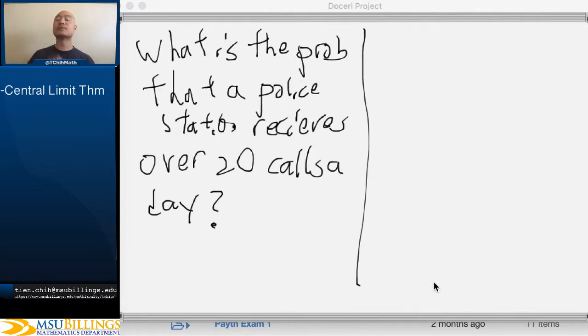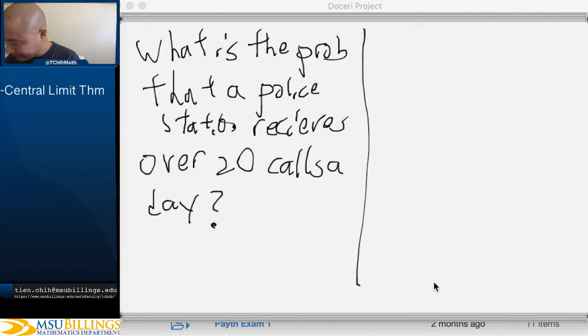If we knew it was some sort of binomial distribution and we had the n and the p, we could figure that out, right? We could count 20 and above. If we knew it was a normal distribution and we knew the mean and standard deviation, we can go ahead and figure that out. But even if you knew the mean and standard deviation, if you don't know the shape of the distribution, you have no idea how to answer this question.